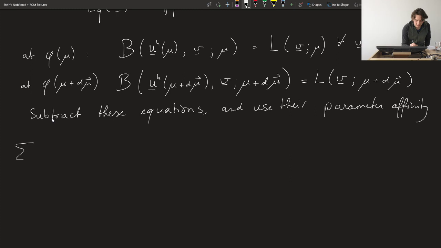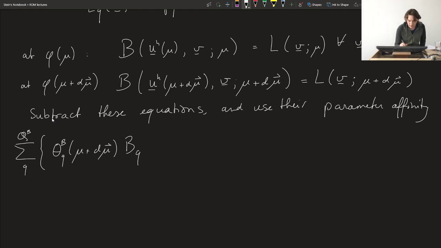So on the left hand side I have the sum over the b components of, well, first I'm going to take this guy, so I have my thetas^{b_q} at mu plus d mu, multiplied by these b_q for solution u_h at mu plus d mu, comma v, and these guys are no longer dependent on the parameter, that's the whole point.